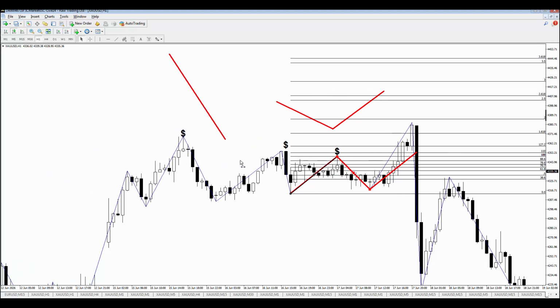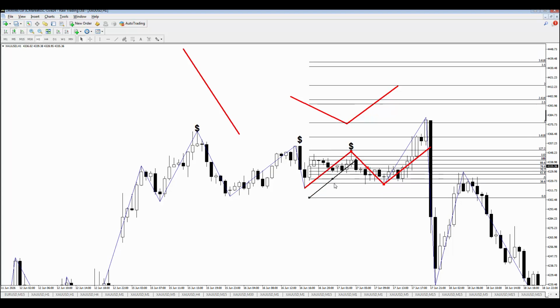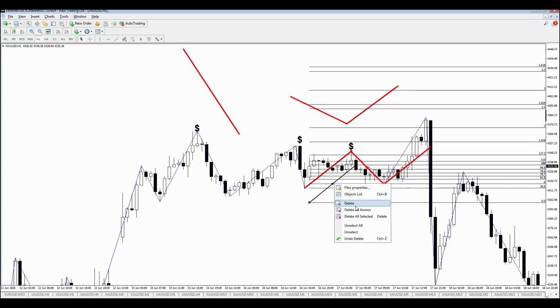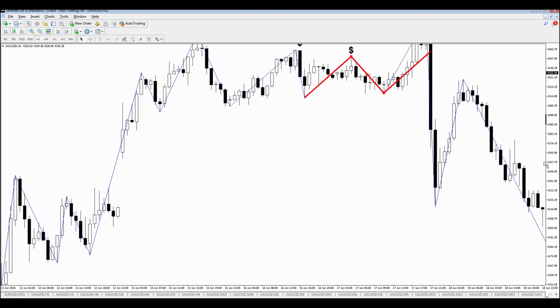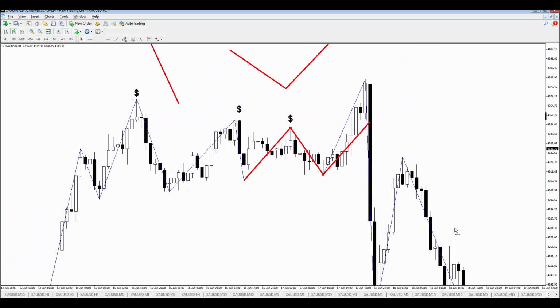If we go back to our idea of what the story of the candles is telling us as we're approaching these termination points, it is very, very interesting. Here we had almost no wick on that candle and almost no wick on that candle here.